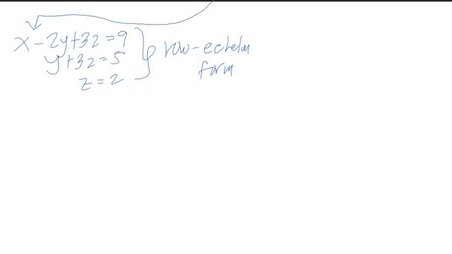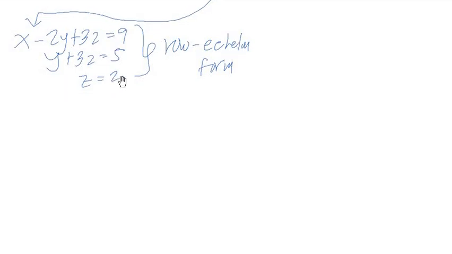This is its row echelon form, and this is easily solved by back substitution. And actually, we have solved this as this is the system that we use in the example for back substitution.